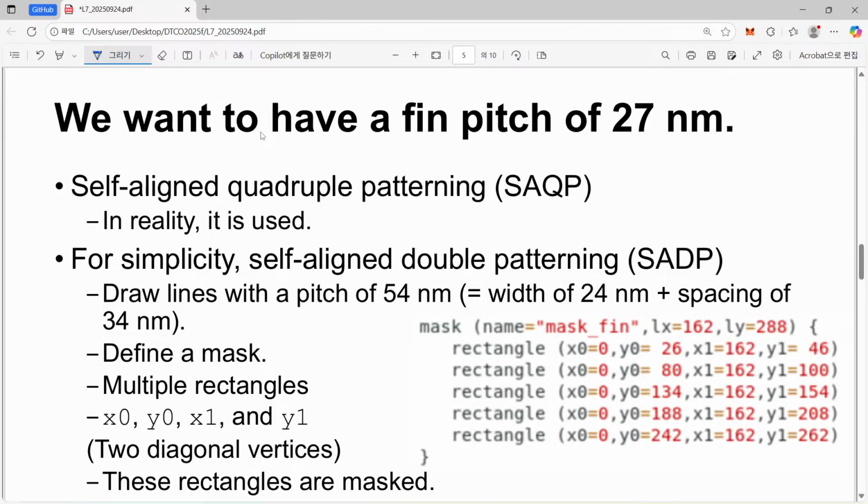So why do we have to talk about 27 nanometer? 27 was a little bit short in terms of 7 nanometer, but nowadays it should be achieved. So 27 is not that much of an exaggerated value, so we have to talk about 27 nanometer.